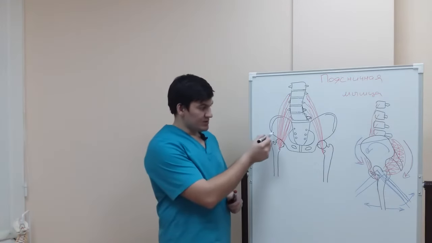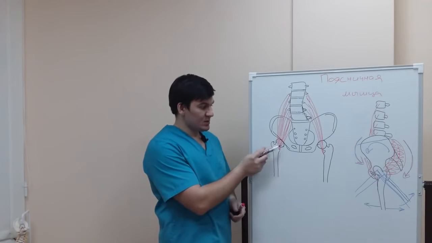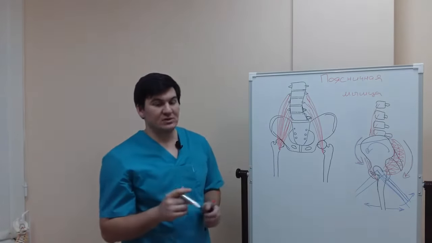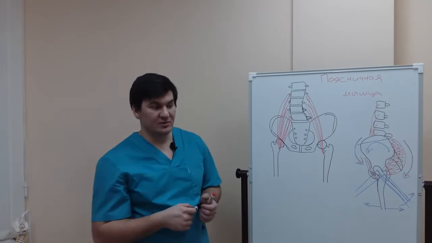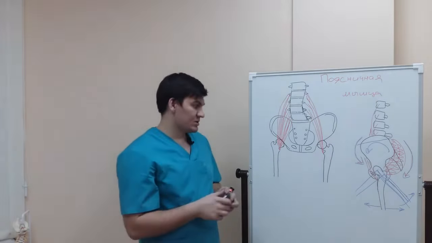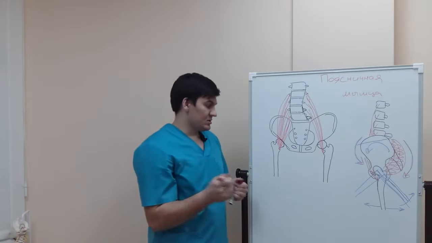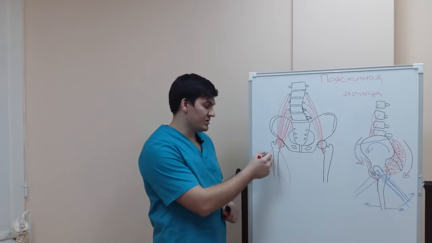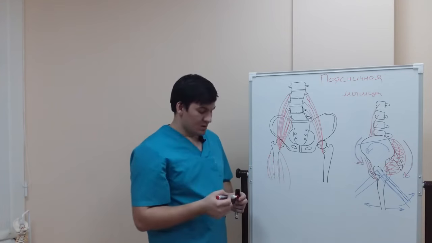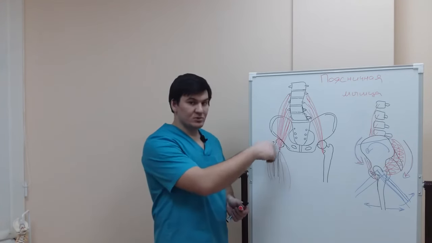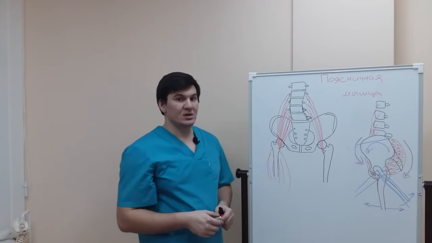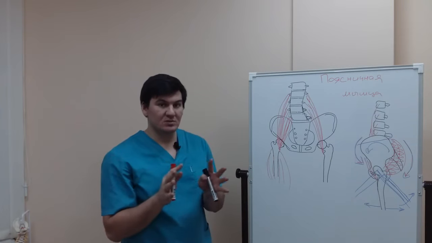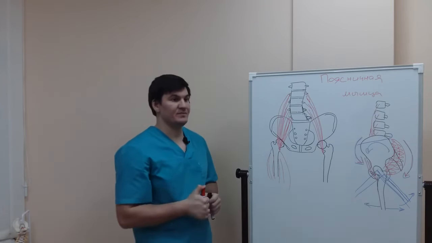Then under the inguinal ligament, where this muscle passes next to the sciatic nerve, increasing, it begins to pinch the sciatic nerve. In this case, there is a disruption of the innervation of the quadriceps muscle of the thigh. This powerful quadriceps muscle of the thigh, the nerve is squeezed, the conduction of the impulse is disrupted, and gradually the quadriceps muscle of the thigh becomes smaller and smaller in volume.